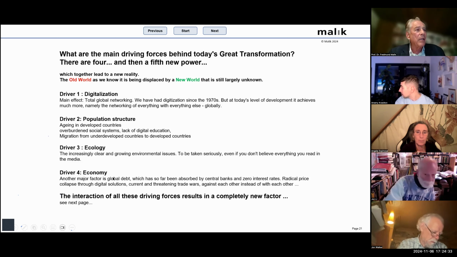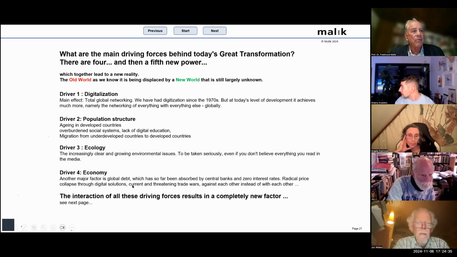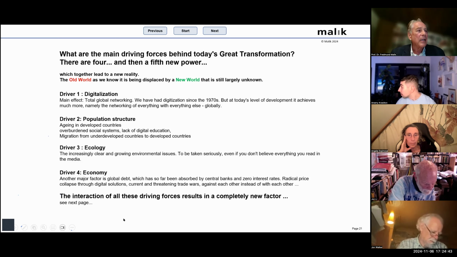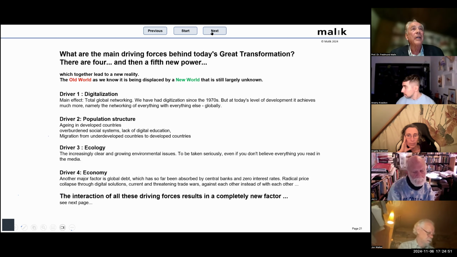Radical price collapse through digital solutions, current and threatening trade wars against each other instead of with each other. The interaction of all these forces results in a completely new factor.